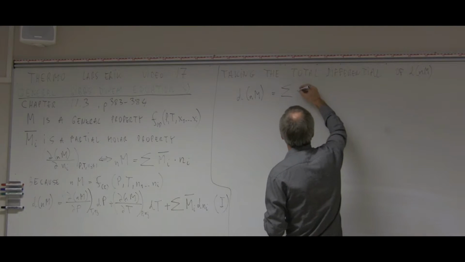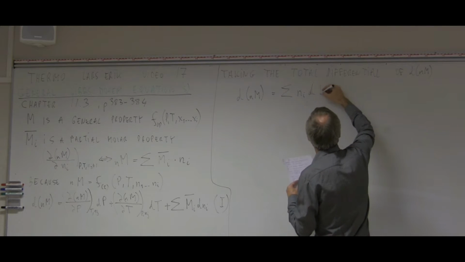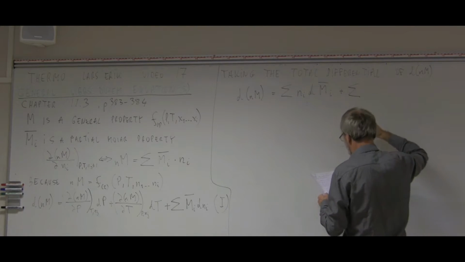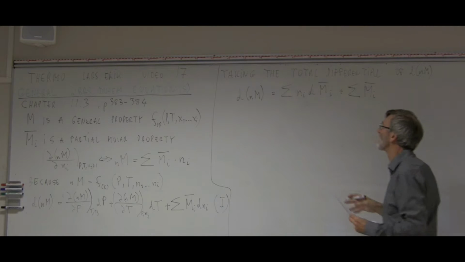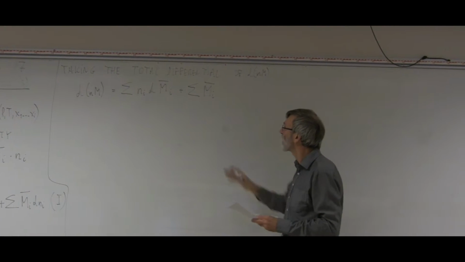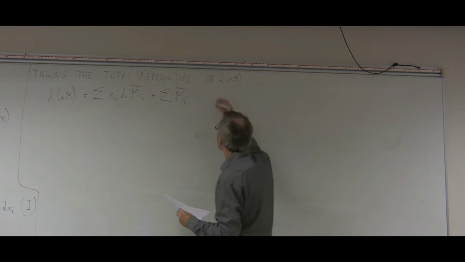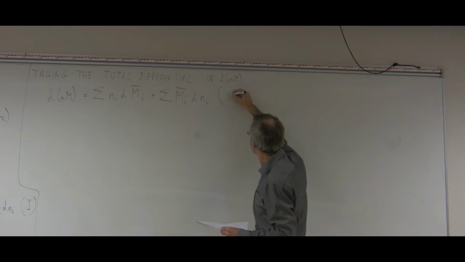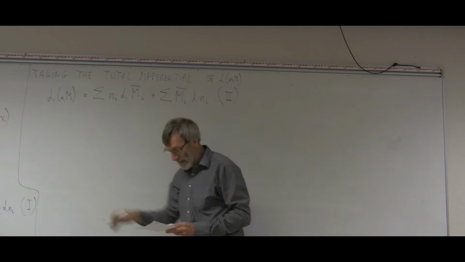And that can be divided in two sums. It is the sum of the amount times the differentials of the partial molar property, and the sum of the partial molar properties and the change in amount. And this is expression 2 of dM.